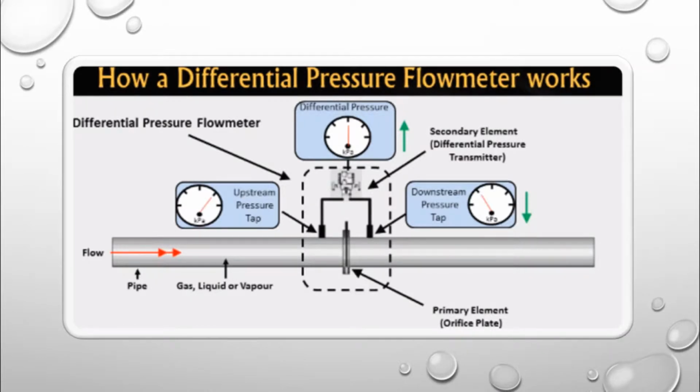Well, the flow rate is proportional to the square root of the differential pressure. This basic principle of differential pressure flow meters is based upon Bernoulli's equation. Overall, DP flow meters are mostly used in industrial applications. Next, we will explain how the different primary elements work independently.